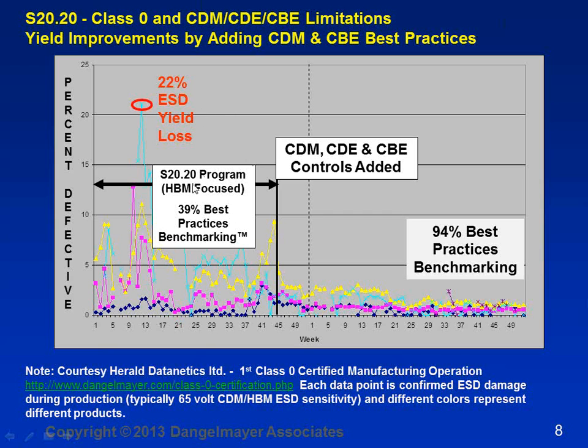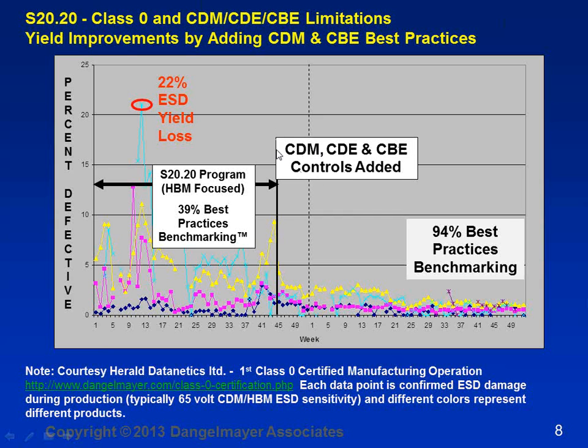Now, in this time frame, there was an S20.20 program in place. It was a good program, not perfect, but it was a good 20.20 program. And they scored 39% on our best practices benchmarking. So we were not surprised to see the substantial improvement after this company implemented the charge device model countermeasures, cable discharge, and charge board event.